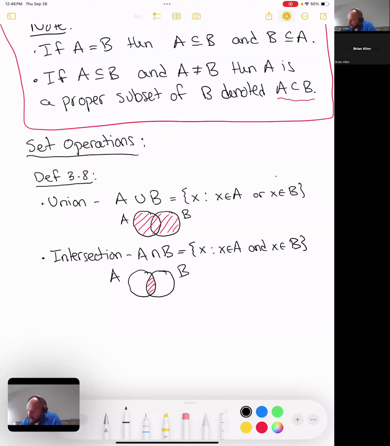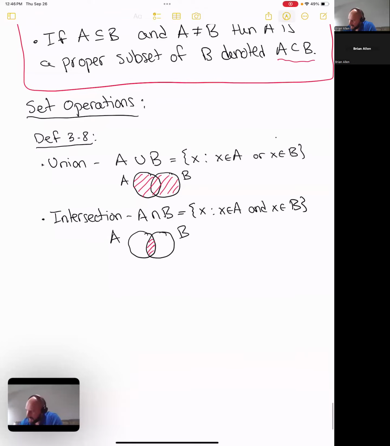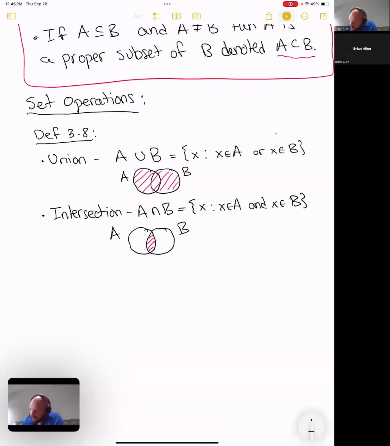Okay, good. Now, the book likes to point out next that you can actually take as many unions or as many intersections as you want. So if you're told to take the union i equals 1 to n of sets A_i, well, that's like asking to take the union of A1 plus the union of A2 plus the union of An.